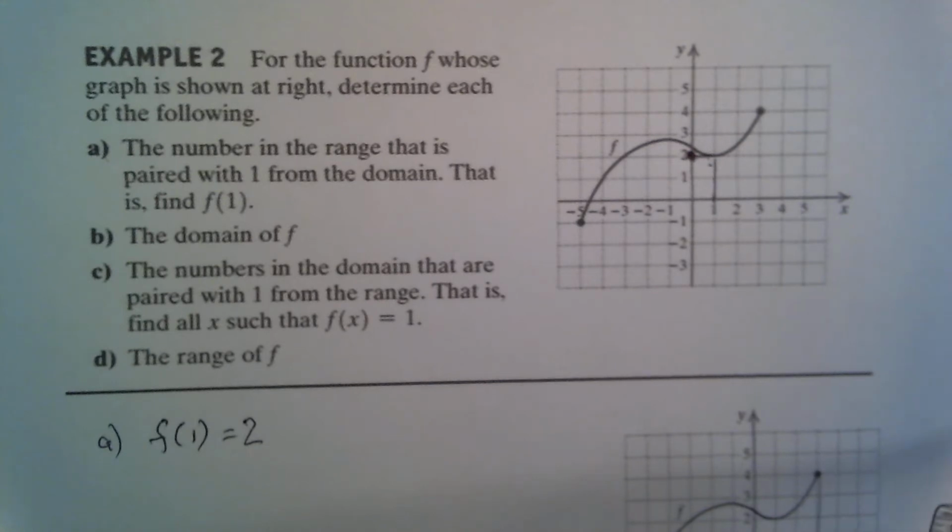So the domain would be from -5 to 3, including the endpoints. So B would be the interval from -5 to 3.